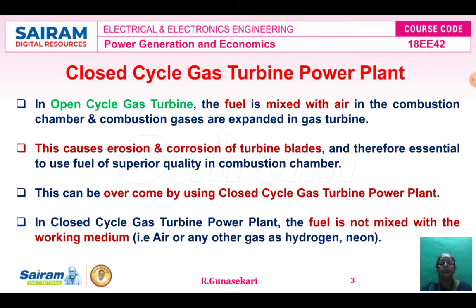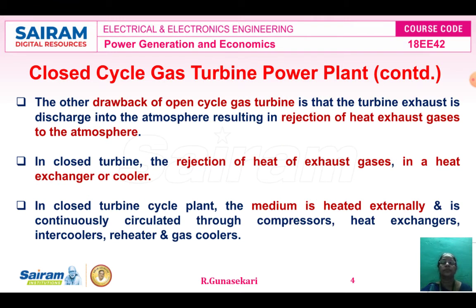How? In the closed cycle gas turbine power plant, the fuel is not mixed with the working medium. So the working medium may be air or any other gases. The gases means hydrogen, neon, etc. The drawback of the open cycle gas turbine is that turbine exhaust is discharged into the atmosphere.